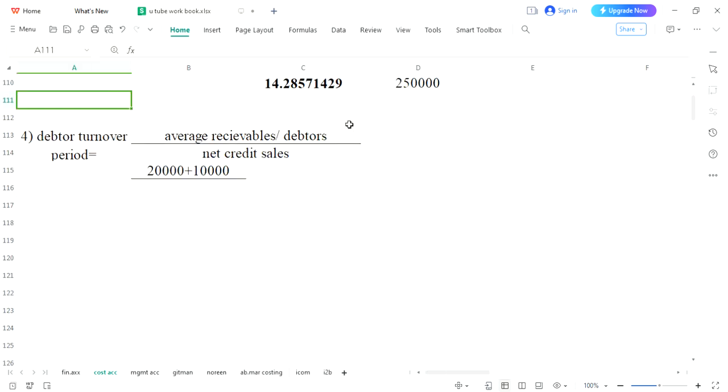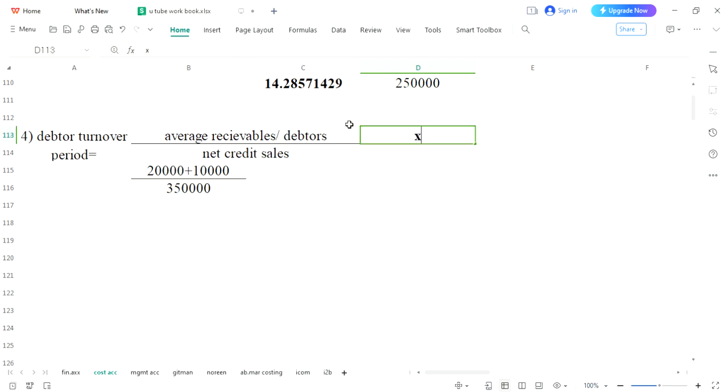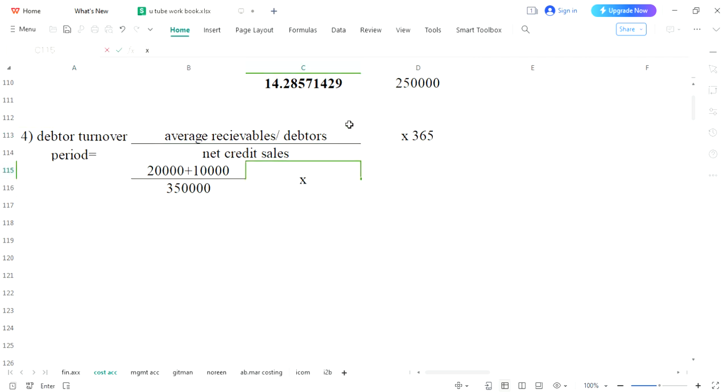So here we will put 3,50,000. Alright, and then you need to multiply it by 365 or 366 or 360. We will see if we get the answer by putting 365. And the same we will write over here, 365.